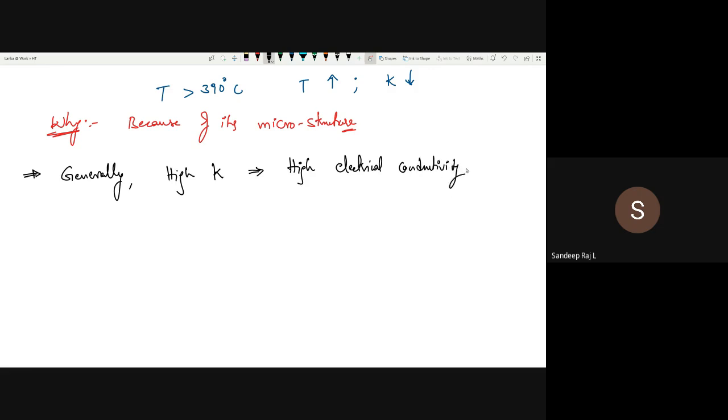See, we told that copper has the highest thermal conductivity, and this copper will also have high electrical conductivity. That is the reason why it is used in wires. The electrical wires you see are made of copper. Why are they made of copper?